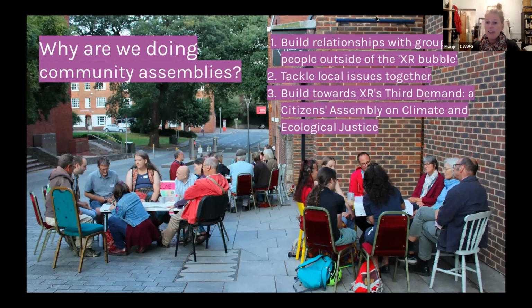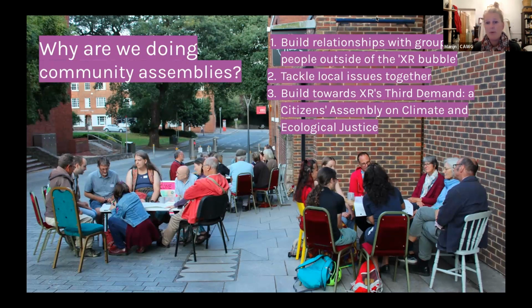And that way you've got a project to work on together. We find that that is always a much better foundation for building relationships, rather than saying, come to our event. You're working together on a mutual project, and that builds relationships and trust, which is really what we need to push for change on the climate and ecological emergency and other issues as well.